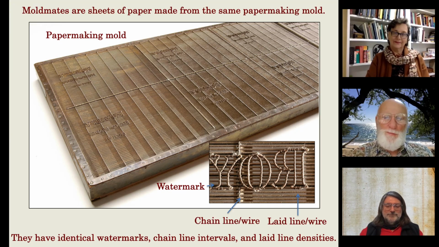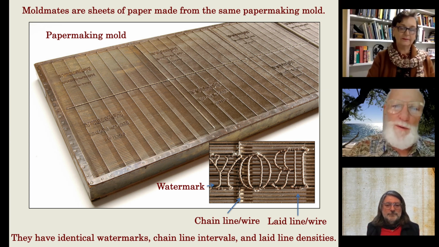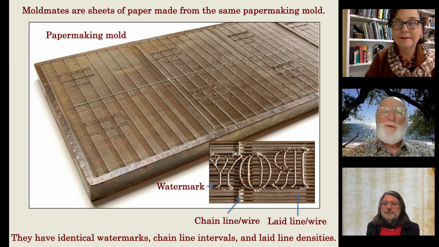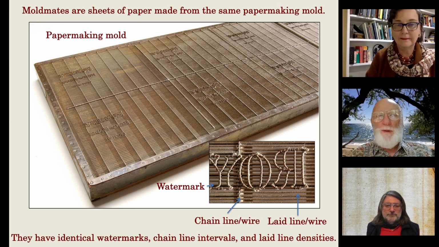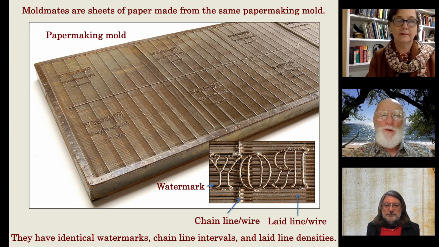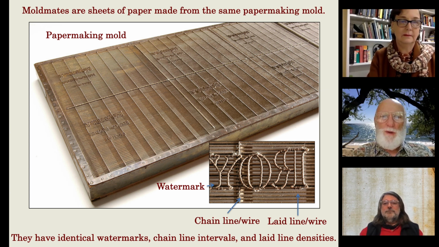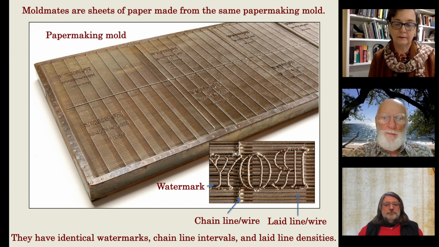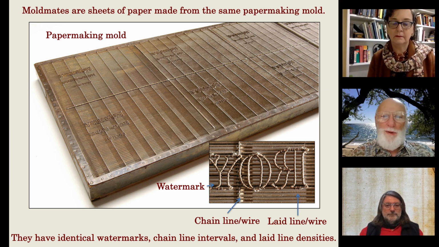Paper is made by dipping a mold. It's a rectangular frame with wires across it that scoop in a vat of aqueous pulp, and then lifted out as the water drains through the screen. You can see from the close-up in the bottom right-hand corner that the screen has 3 sets of wires on it.